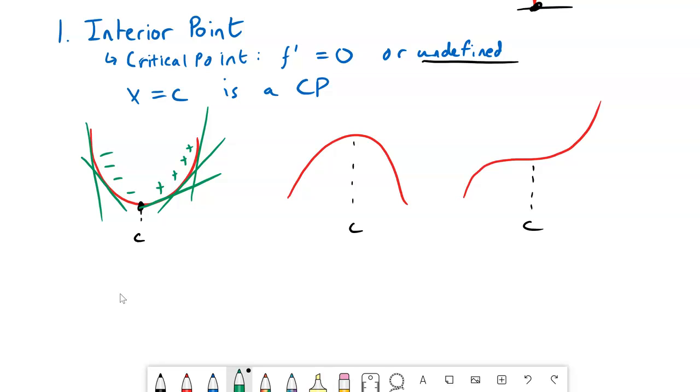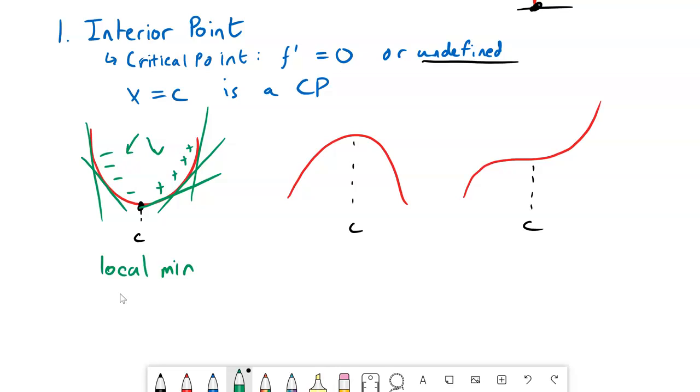It makes sense, right? If we change from negative to positive, we have a local minimum. And that's always true. We have some type of local minimum because it changes from negative to positive at that critical point. And you can see through this picture that it makes sense.